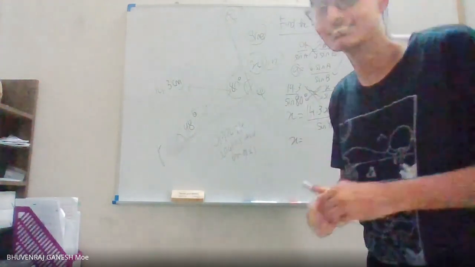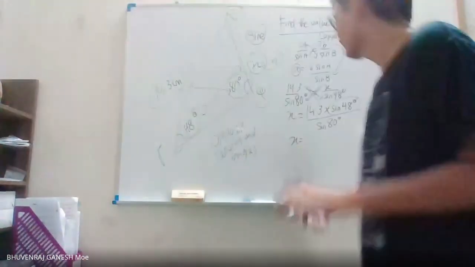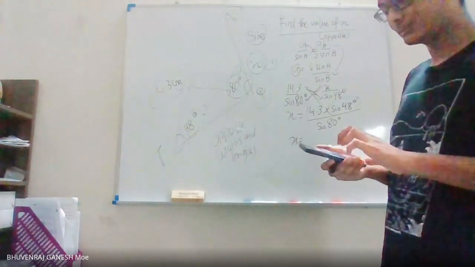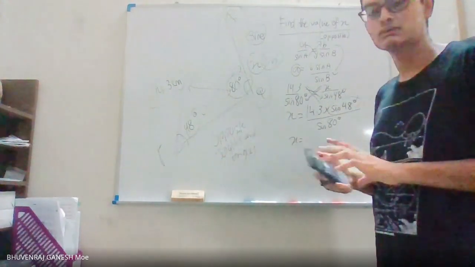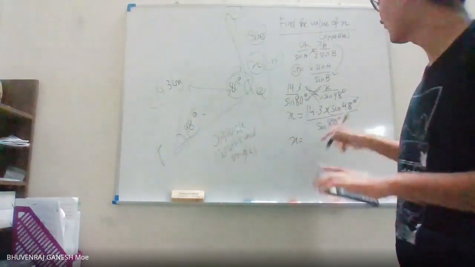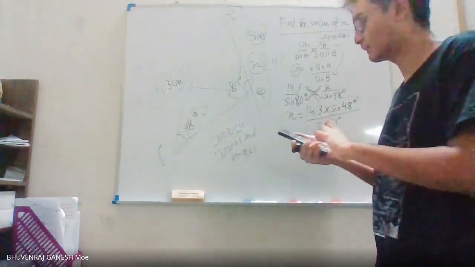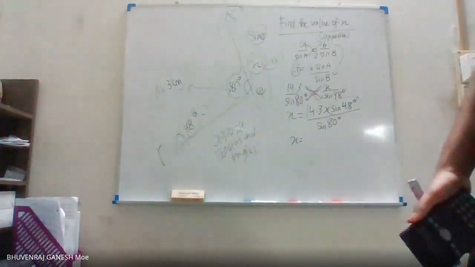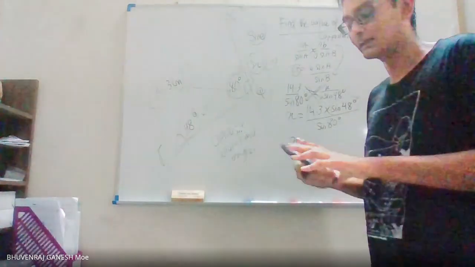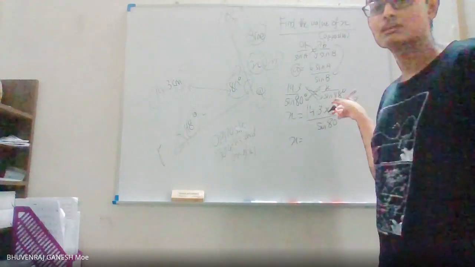Use the calculator. Very good. You know how to press, right? So 14.3 times sine 48. Make sure you solve separately, don't type the whole thing directly. Actually, if I type the whole thing, let me see whether I get the answer. I get it also, so you can type directly in one shot: 14.3 times sine 48 over sine 80.